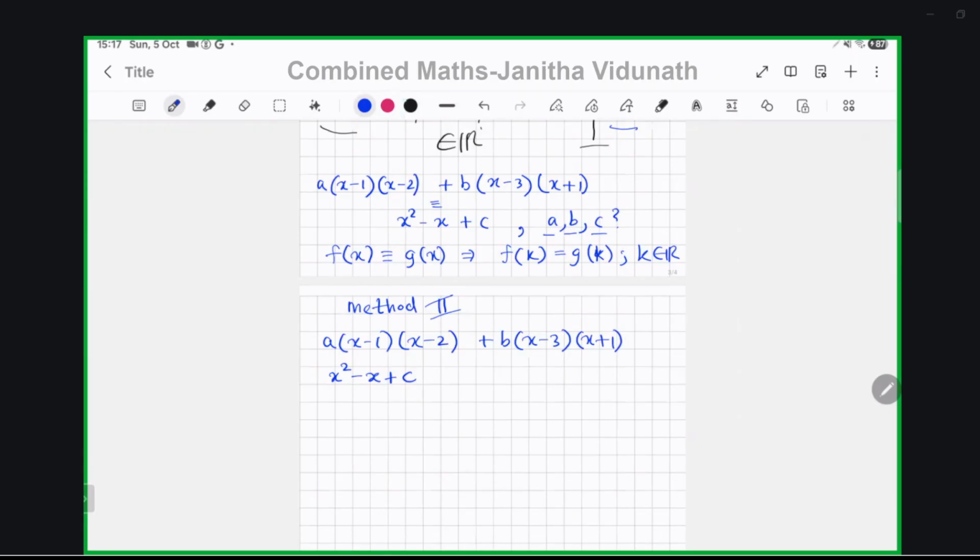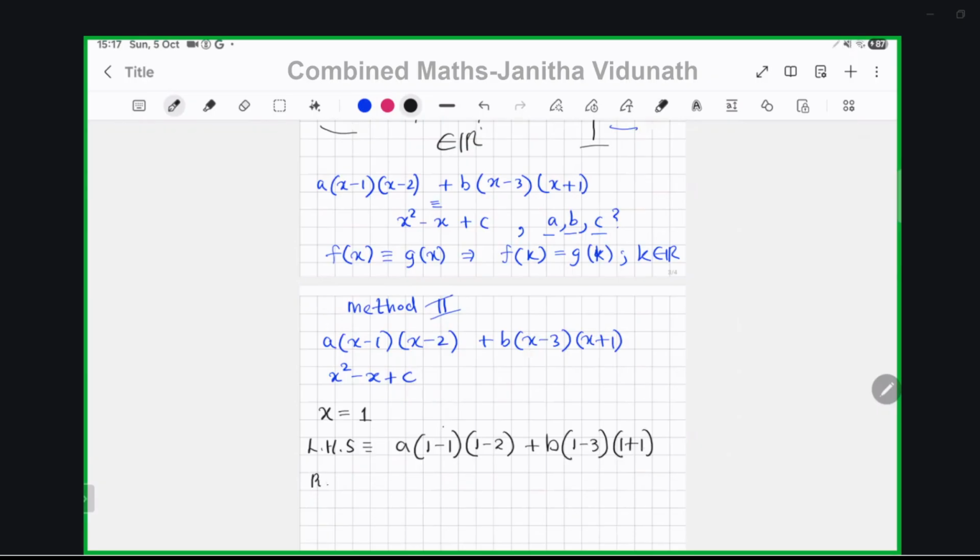Let's say here, if we plug x equal 1, if we substitute x with 1, then in our left hand side polynomial we have a times (1 minus 1) times (1 minus 2) plus b times (1 minus 3) times (1 plus 1).